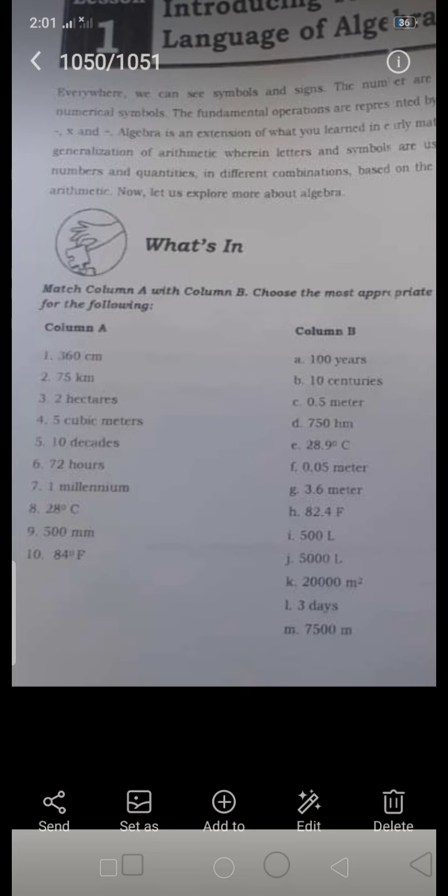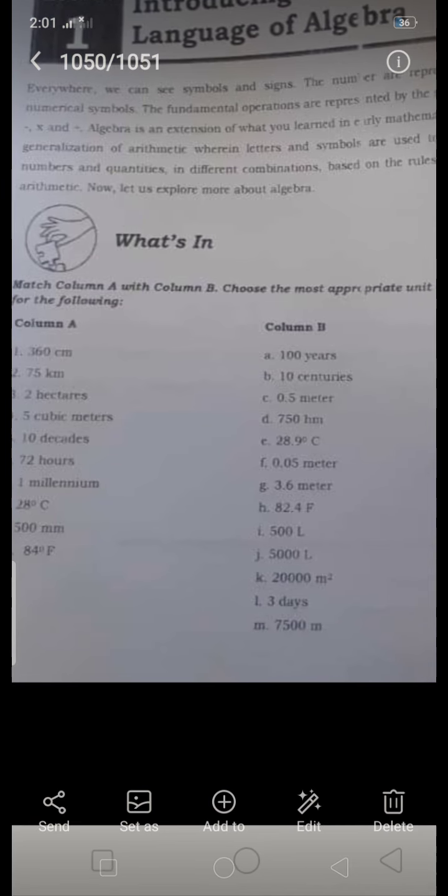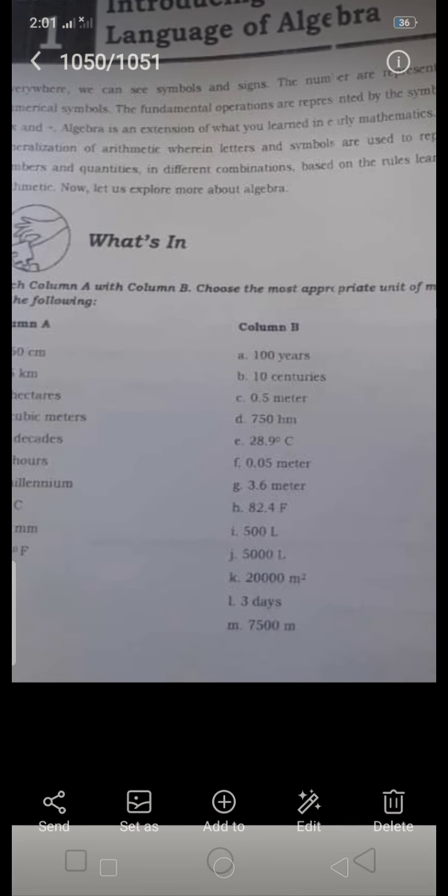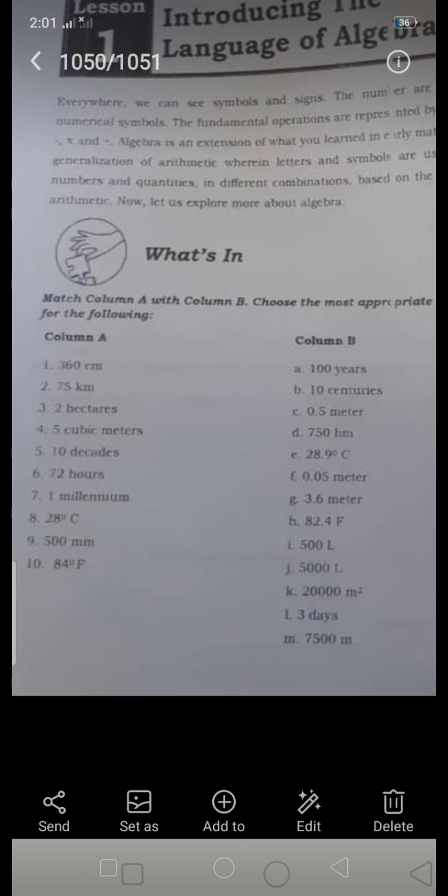And the number 6, 72 hours. Okay, hanapin natin kung may days ba dito sa column B. Meron 3 days. Okay, so 72 hours, sorry yung kanina ha. Ang 1 day, equivalent yan siya sa 24 hours.